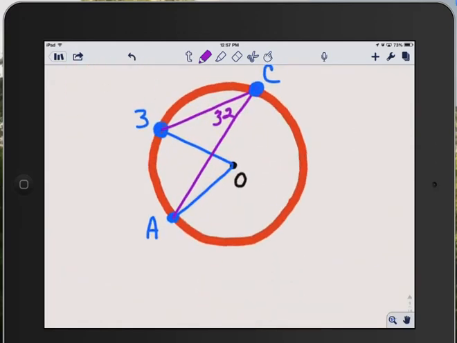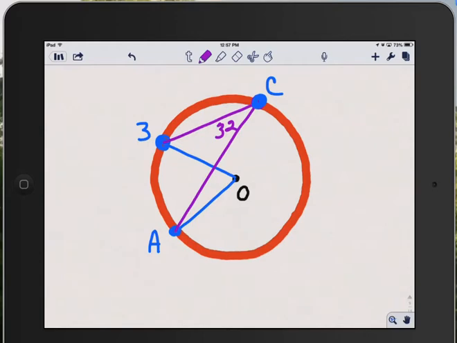So if that angle's 32, I'll get rid of, for now, the central angle and say if an inscribed angle is 32, that's half of what number? And this is angle B, or point B. And therefore its arc is 64 because you multiply by 2 to find the arc.